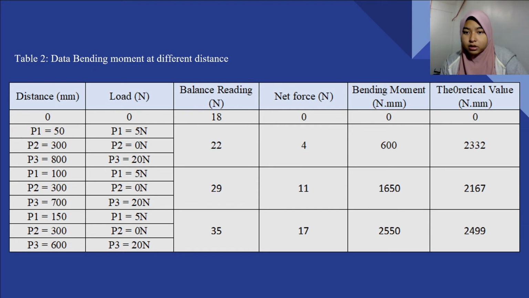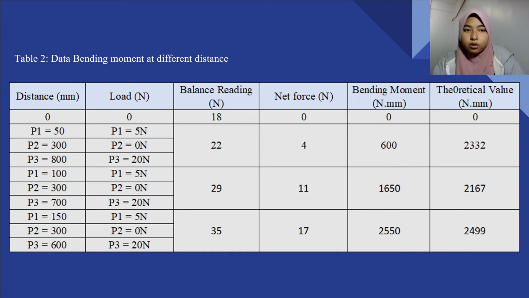After we get the net force, we calculate the bending moment in experimental value, which is multiplied with 150 Newton millimeter. So we get for the first data 600 Newton millimeter, second data 1650 Newton millimeter, and the third data we get 2550 Newton millimeter.